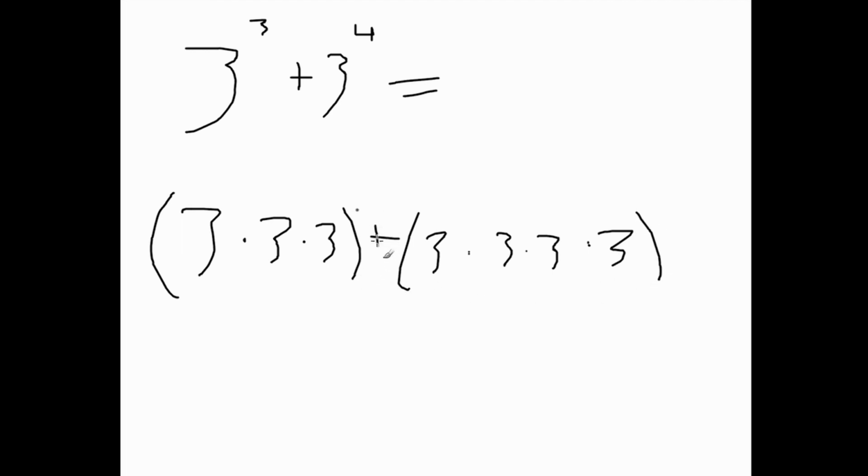Notice, because of this plus sign in the middle here, it's making all of this messy. If we didn't have this plus in the middle, we could just combine all of these with multiplication. But the plus sort of separates these two terms, so we can't combine this whole term into one term. This does not equal 3 to the 7th.